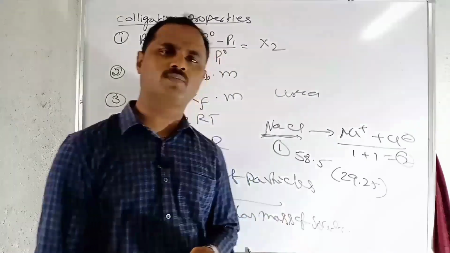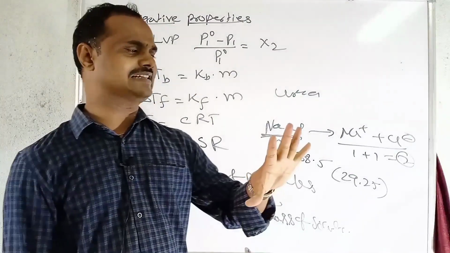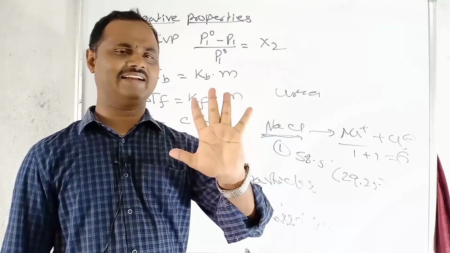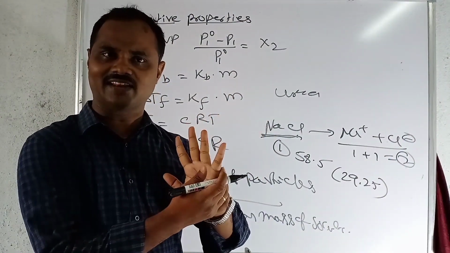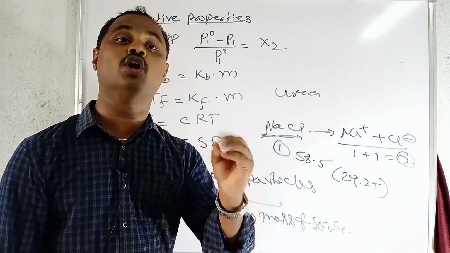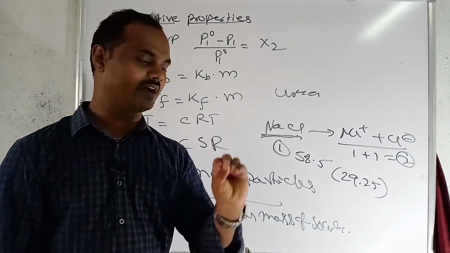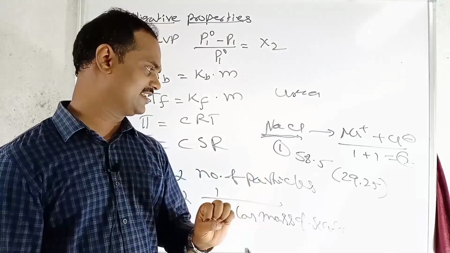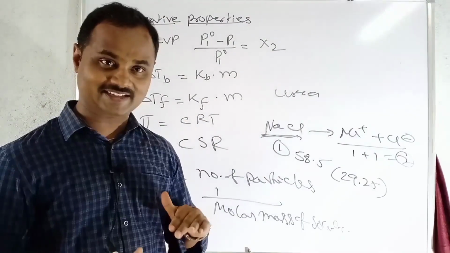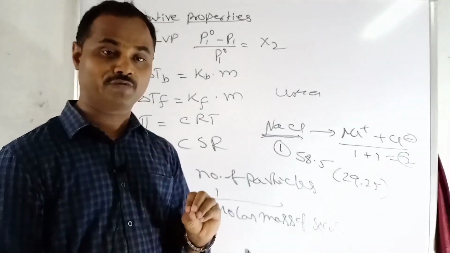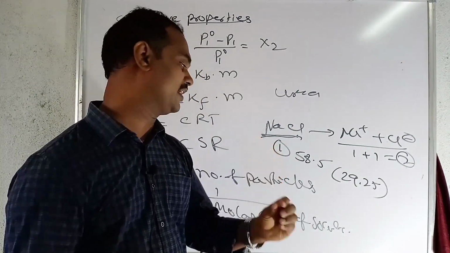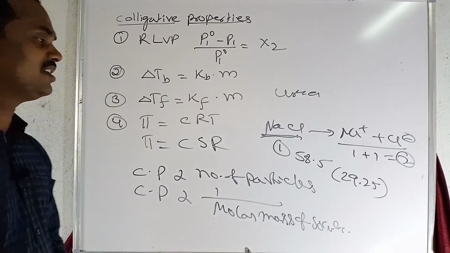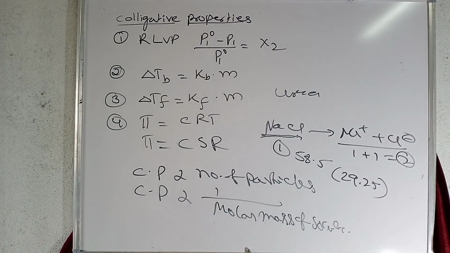Generally, what is abnormality? Normally, every hand contains 5 fingers. Suppose one more finger is there, that is what we consider an abnormal condition or abnormal fingers. Is it clear? So if the molecular mass we get is more or less than the expected value, that is what we call abnormal molecular mass.